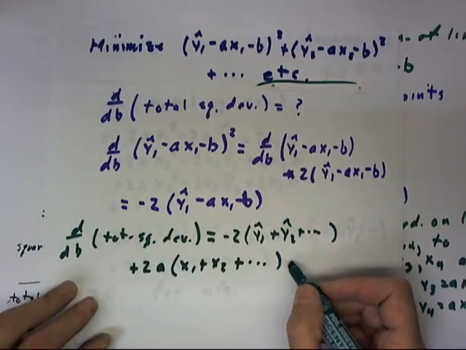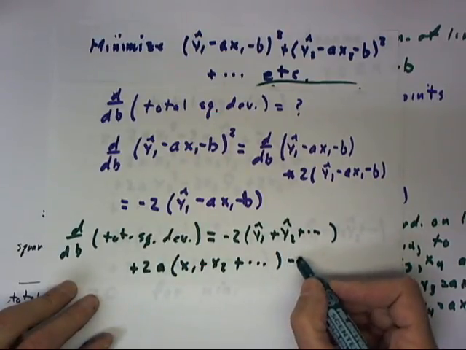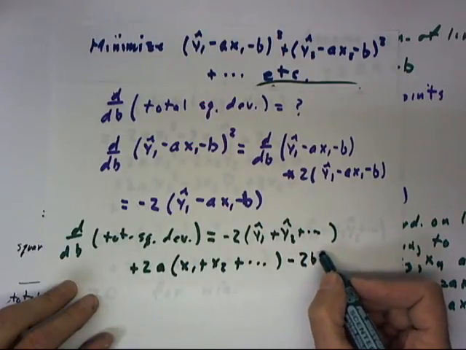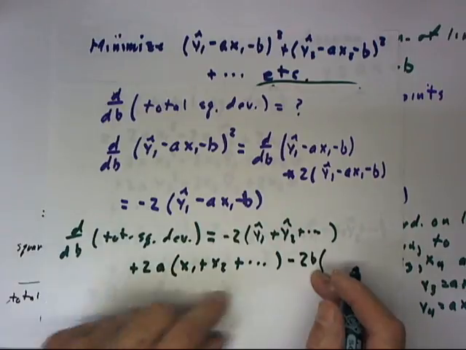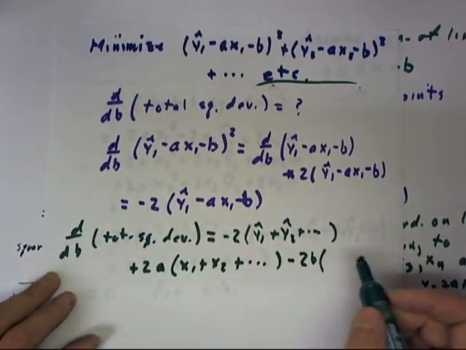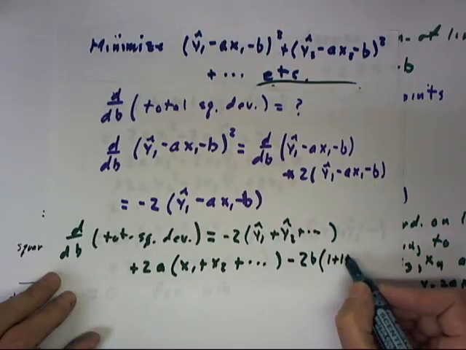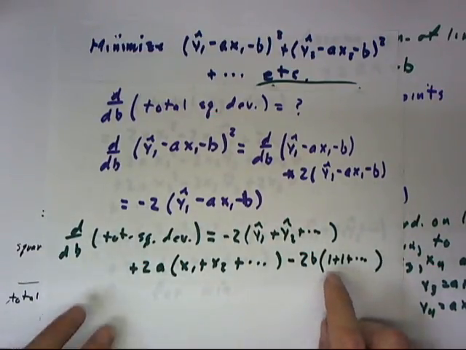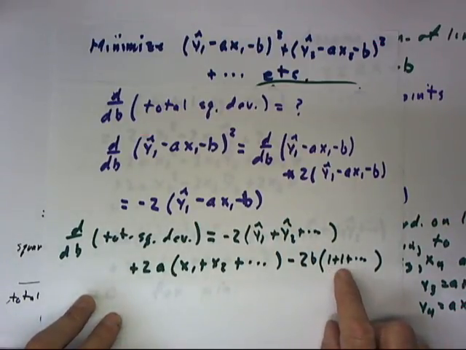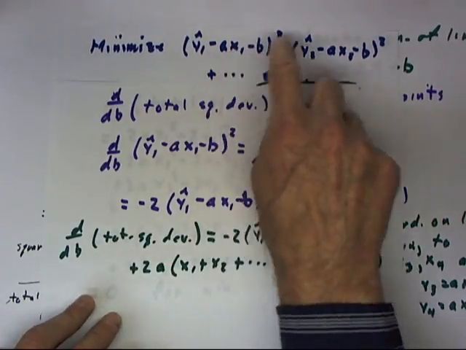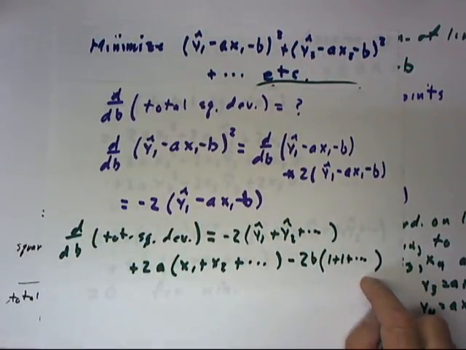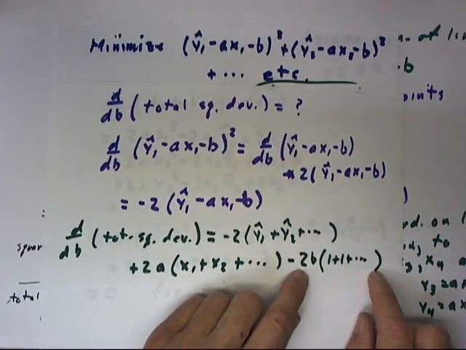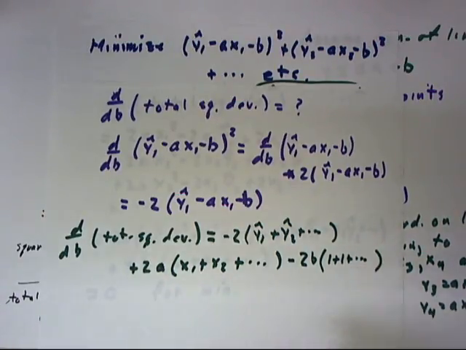And then it's going to be minus 2b, and we're going to have one of these for every data point. So that's going to be times 1 plus 1 plus, and so forth. We're going to have a 1 for every data point, in this factorization. So this is just going to be -2b times n, where n is the number of data points.